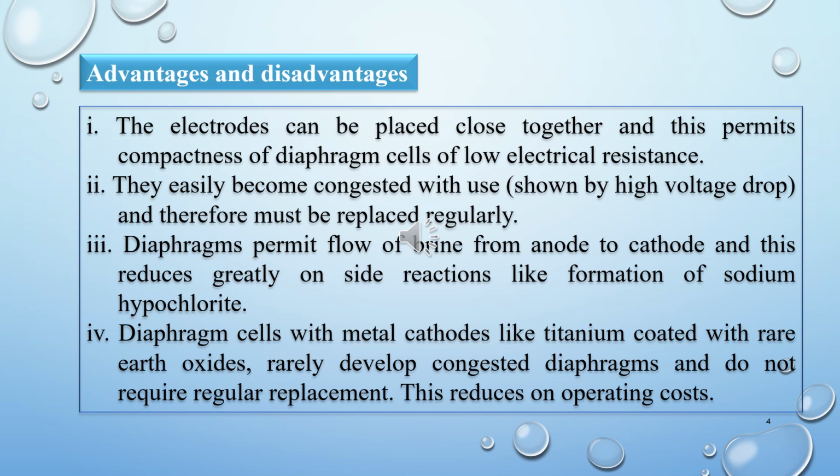And third point is that it will not permit the chlorine to react with sodium hydroxide to form sodium hypochlorite. And at the end, we have discussed how we can get rid of that regular replacement. We can get rid of that regular replacement by using electrodes coated with rare earth oxide metals.